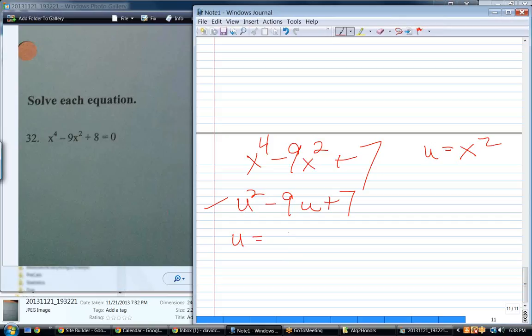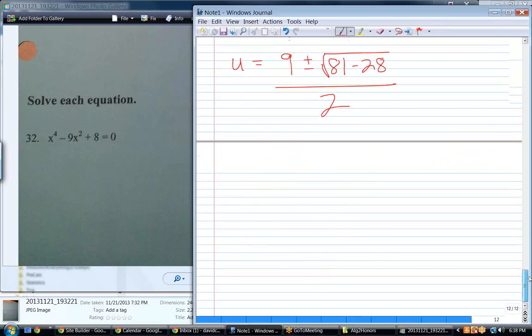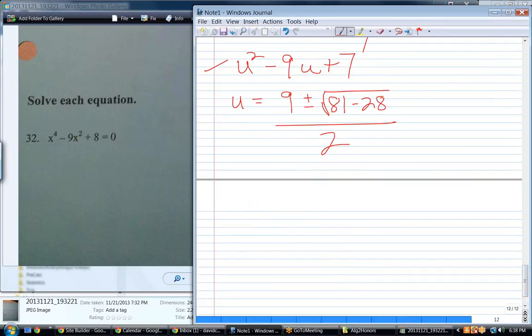Negative, or 9, plus or minus the square root of negative 9 squared minus 4 times 1 times 7, all over 2. Okay. So now, one reason I wanted to show you this, because I haven't seen a problem like this in 5 years of tutoring.